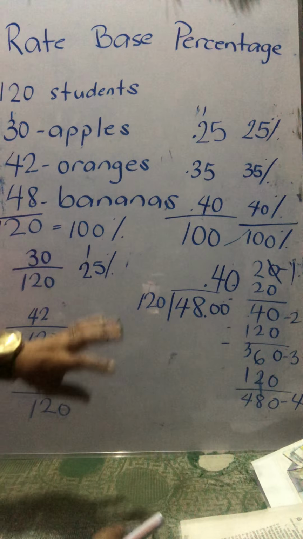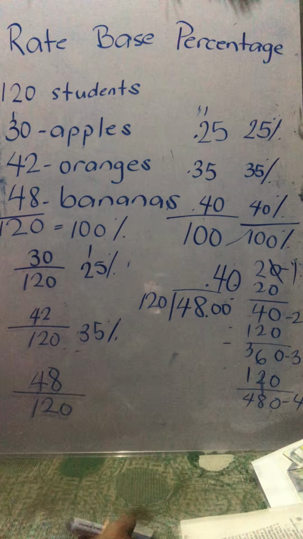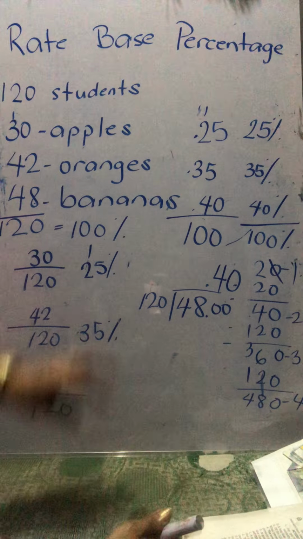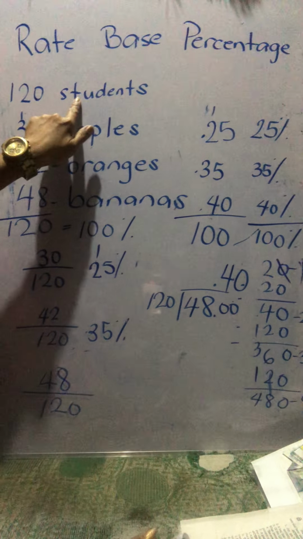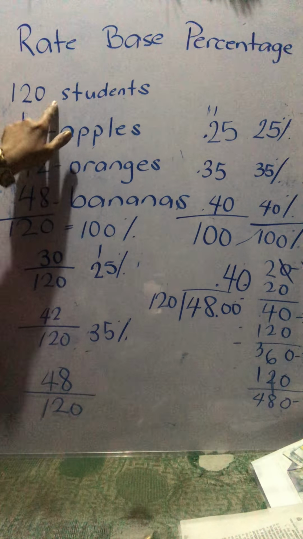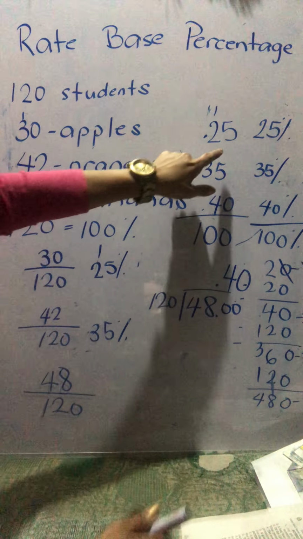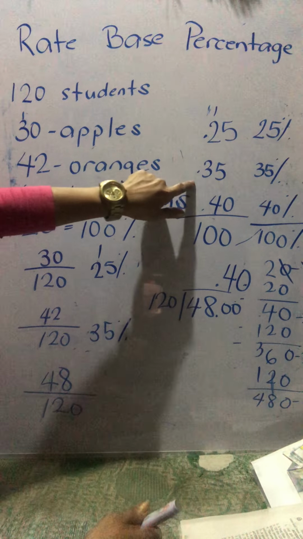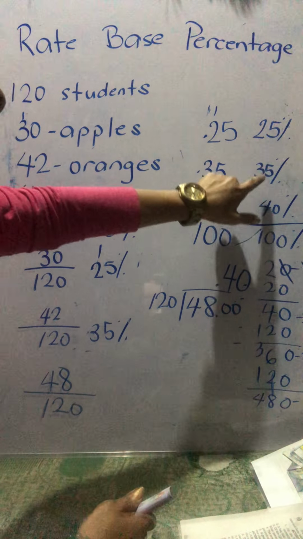percentage. Okay? So, sabi natin dito, alin ang ngayon ang principal natin dyan, Ate Glo? Ito yung pinaka-base natin, 120. 120 is the base sa ibang term, principal. Okay? Now, this one, 0.25, 0.35, 0.40. This is now the 25%, 35%.